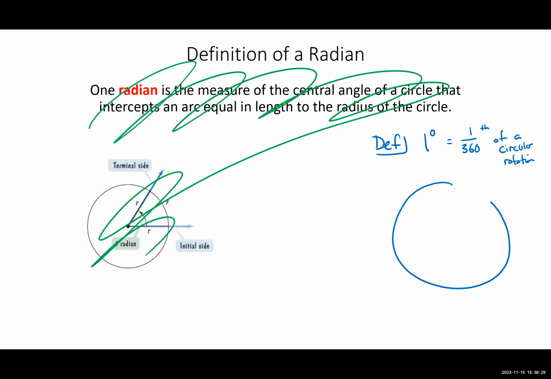And so basically, if you have a circle and you split that circle up into 360 tiny little slices, 1 degree is the angle that sweeps out one piece, 1/360th of the circle. Okay, so that's a degree. That's the definition of 1 degree. And if you sweep out the entire circle, that's 360 degrees.